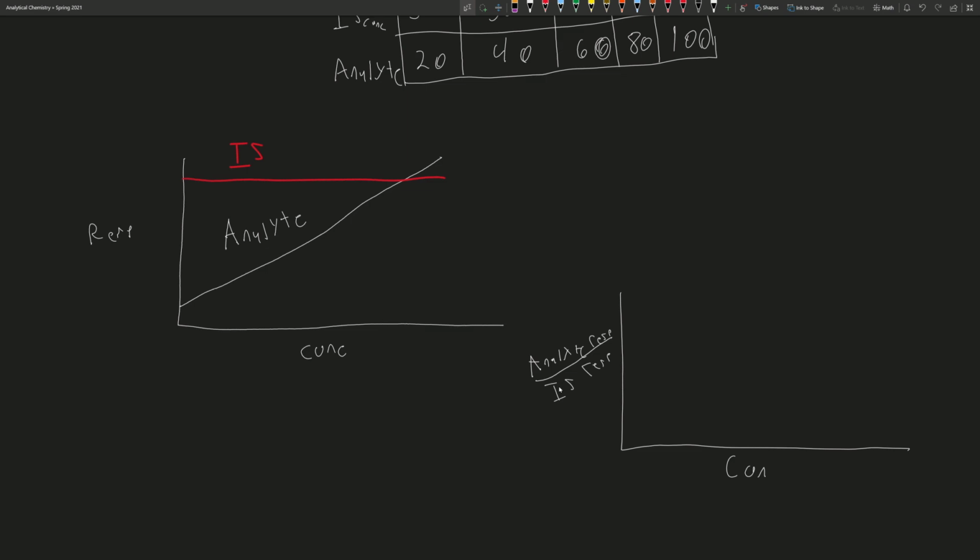So you're still going to generate this linear line right here. The only difference in this line is you are going to be getting a value of concentration versus analyte over internal standard response, as opposed to concentration versus just analyte response. This is the difference in how we are going to determine our concentrations.